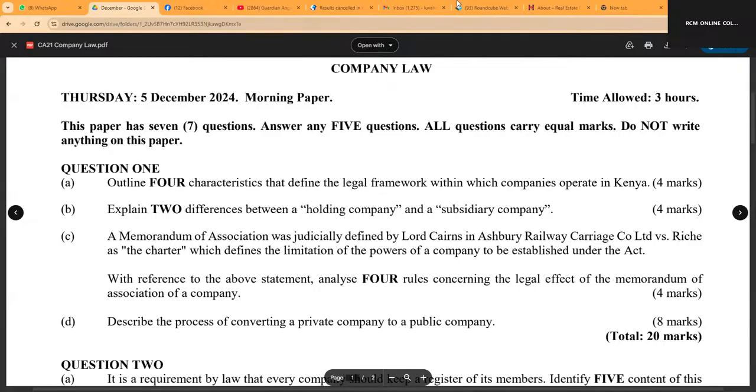Then the subsidiary company will of course prepare independent books. Before they consolidate, they first have to prepare what? Independent books. Then eventually they can consolidate and put them together, and this will be undertaken by the parent company. So that's also a difference you can mention.